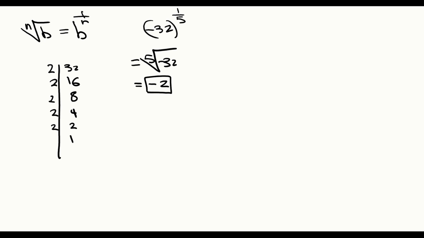So there is no problem with taking an odd root of a negative number. That doesn't result in a situation where we have to say not a real number. And interestingly enough, notice that if the negative were outside the parentheses, it would make no difference. Because in this case, the negative would carry, and we would just get the 5th root of 32, which, as we know, again, is negative 2.